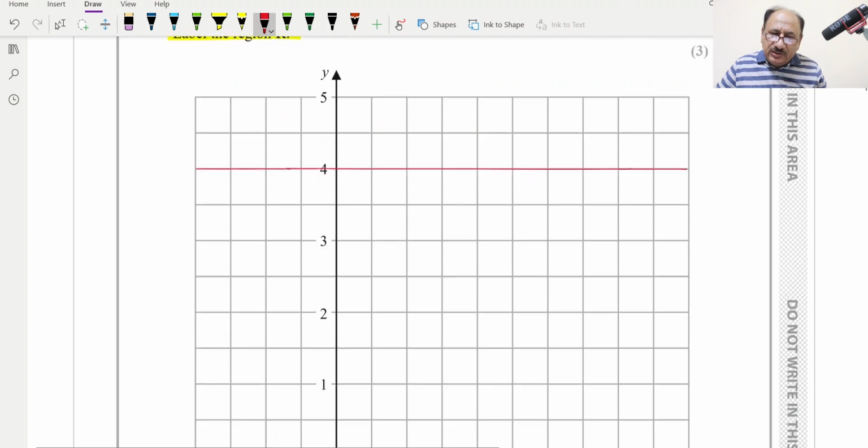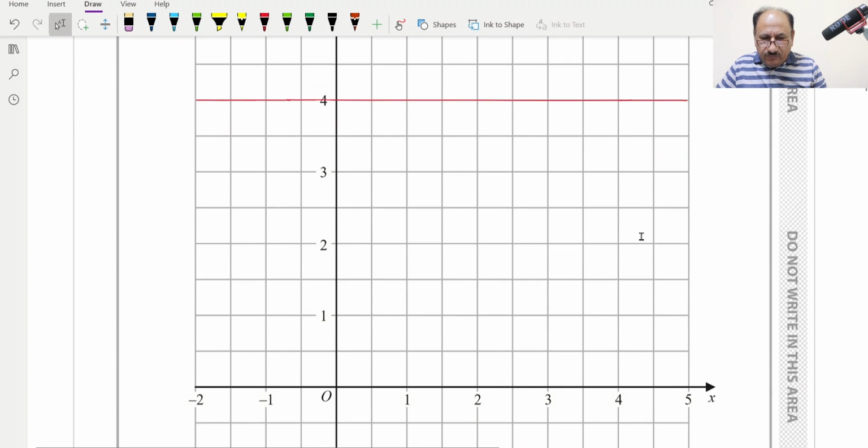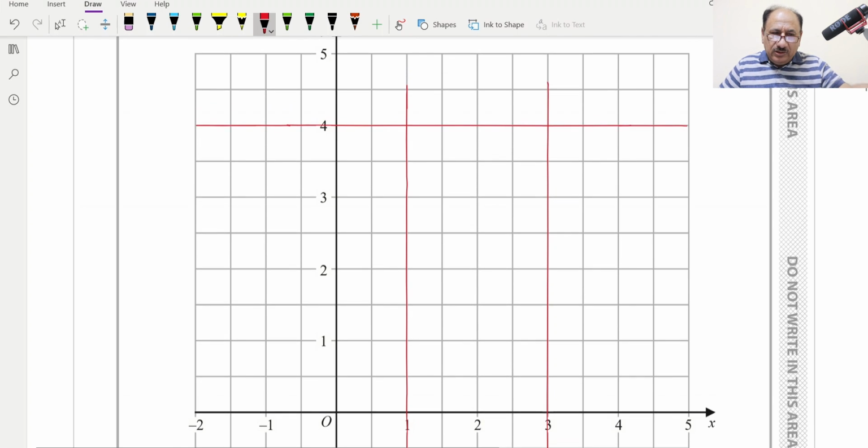So x is in between 1 and 3. x equal to 1 is this line, and x equal to 3 is this line. So we have drawn these lines, and now we need to draw the third line also.